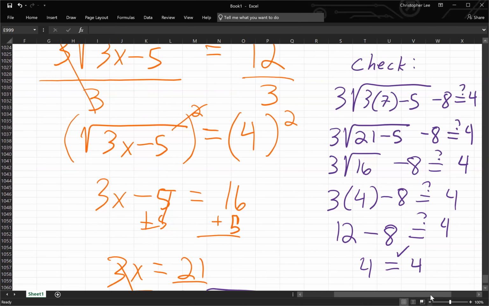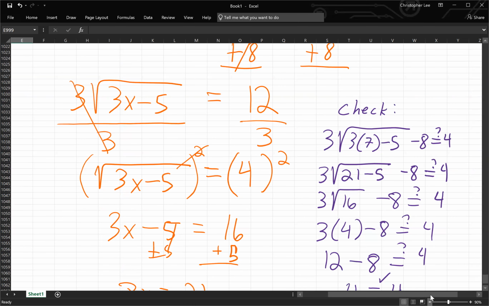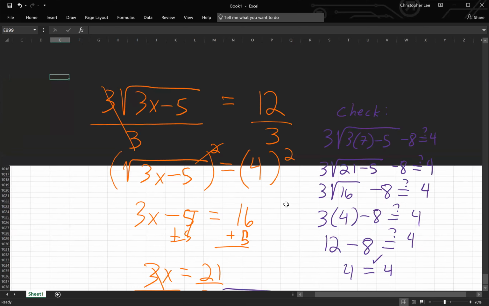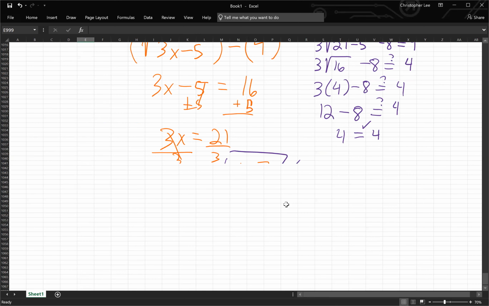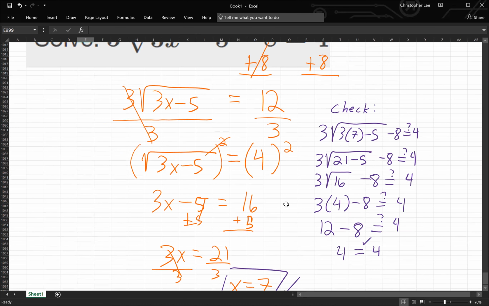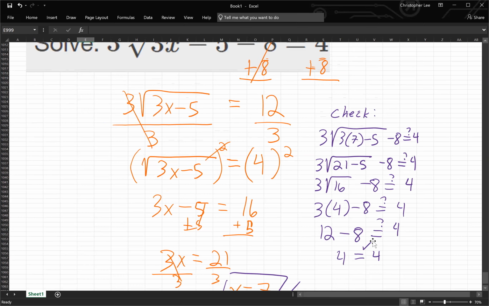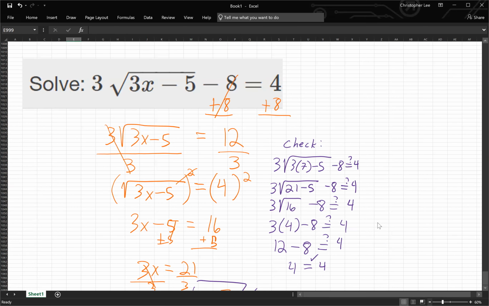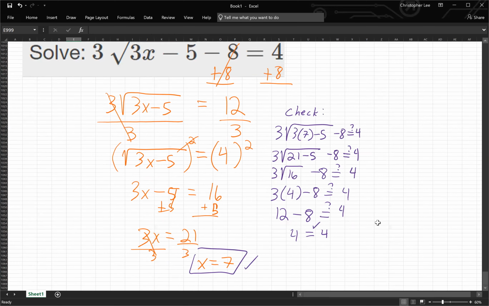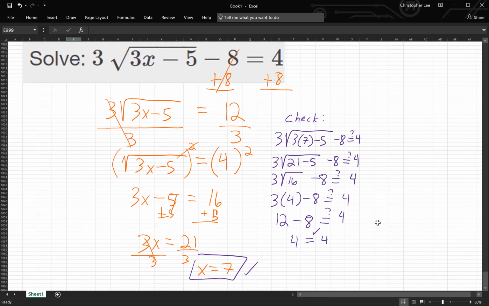So not bad, right? The same rules apply here. So isolate the radical, right? And then once you isolate the radical, just square it to get rid of it, and then just solve for the variable. That's it. After you solve for the variable, check your answer, right? Verify that it works.